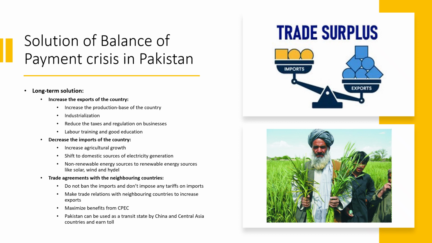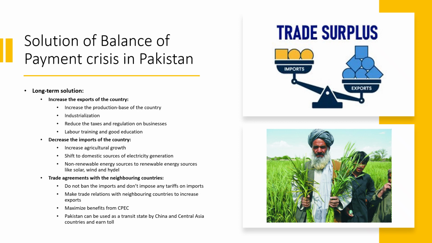For short-term, we should decrease our imports of luxury goods, but for long-term, we should sign agreements with the neighboring countries, because we do not want to be isolated, and we do not want other countries to impose a ban on our products also. So we should sign trade agreements with the neighboring countries.